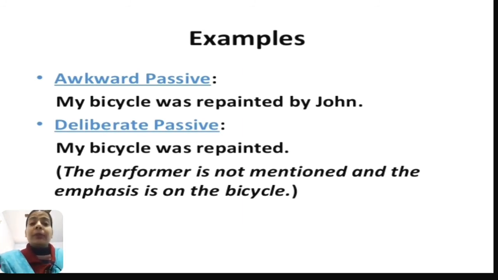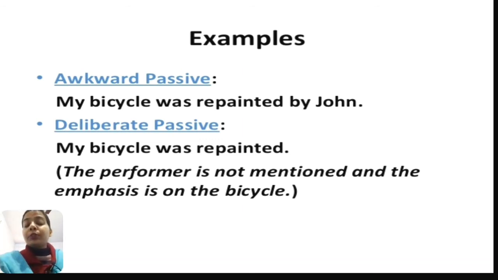Now deliberate passive: My bicycle was repainted. Here in these examples, especially in the second example, you can see that the performer is not mentioned and the emphasis is on the bicycle rather than the subject. So this is why we use passive voice sentences.